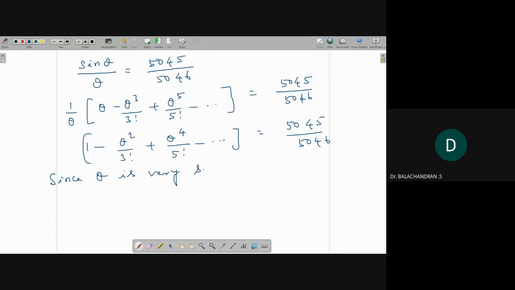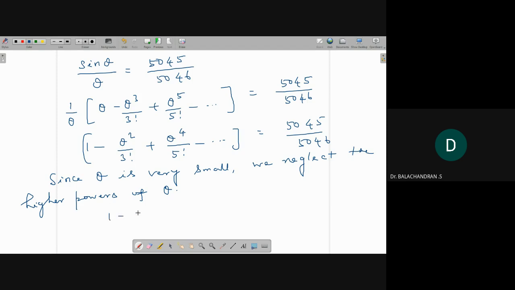From the second problem onwards I will not write this explanation, so you understand why I am neglecting the higher powers of theta. Here I am neglecting from theta power 4 onwards and keeping only up to theta square.